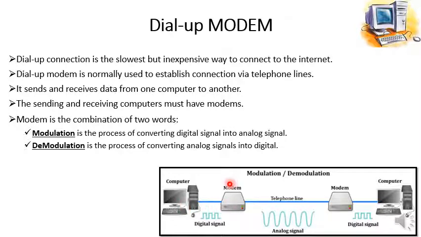That is the function of the modem, which is an essential device for communicating over the telephone lines. Both modulation and demodulation are performed by a single device, that is called a modem.